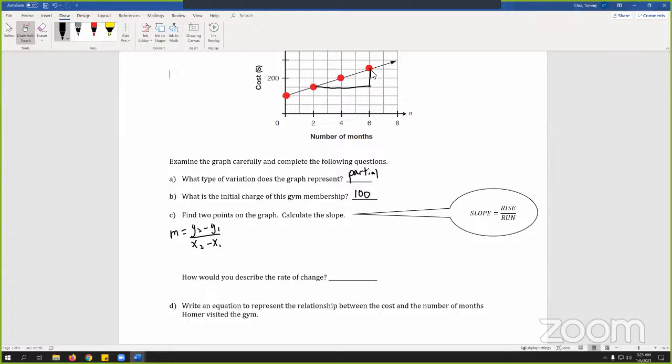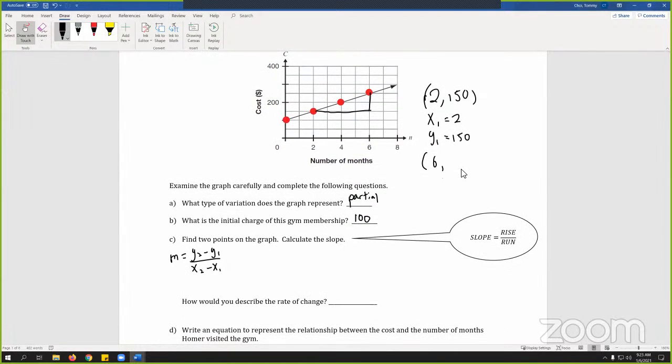If you use the slope equation, you would say this point is 2 comma 150, and that would mean x1 is 2 and y1 is 150. The second point would be 6 comma 250, so x2 would be 6 and y2 would be 250.